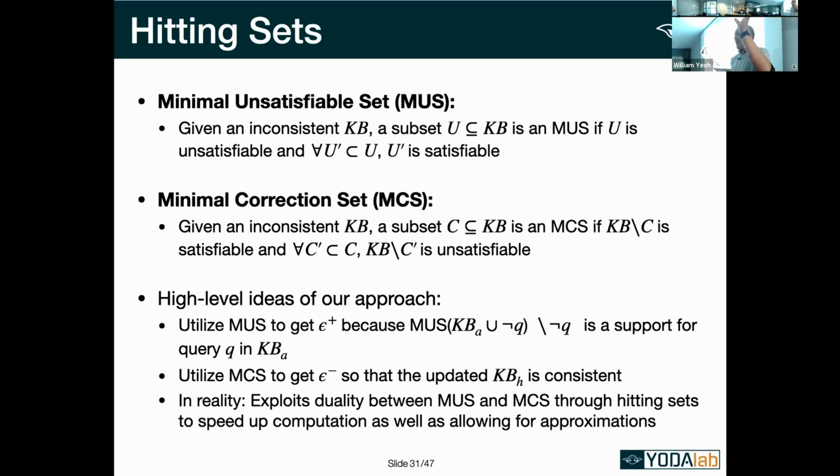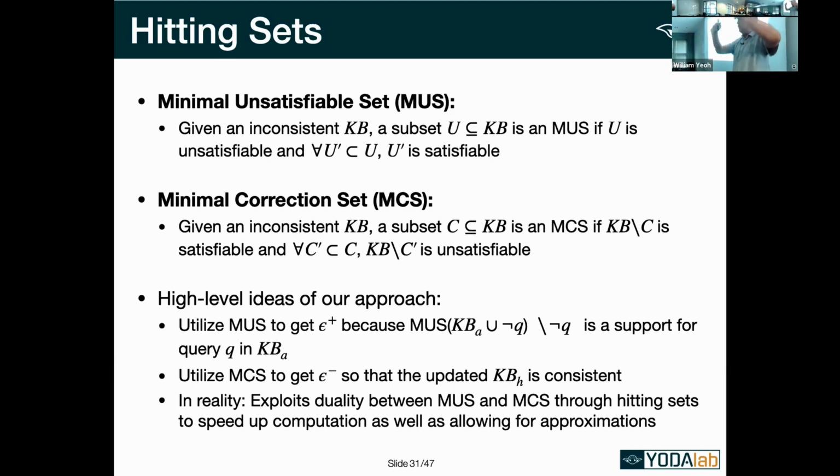And if I add the negation of the query into the knowledge base, it's not going to be consistent anymore. It's going to be inconsistent, right? Because if you add the query itself, it'd be great, but if I add the negation, then it's inconsistent. And then I want to find the smallest subset in this updated KB that is still inconsistent. And this smallest subset is going to be the support for Q.